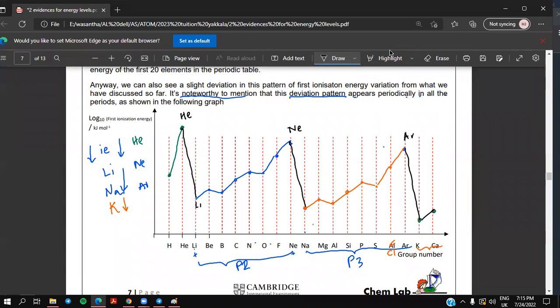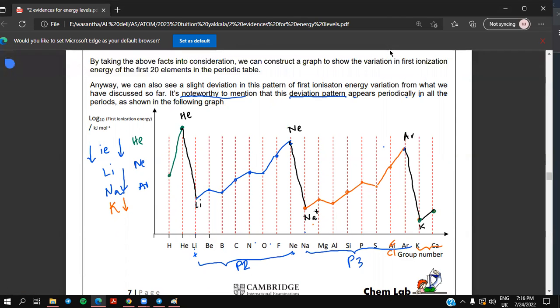Lithium here, sodium here, and potassium here. If you go further down, this trend will still go to a lower value. The level will go down.